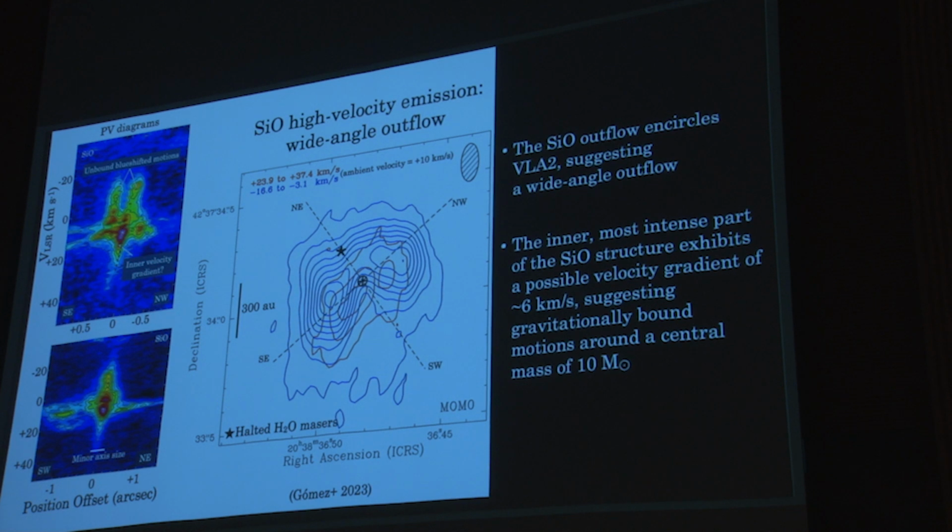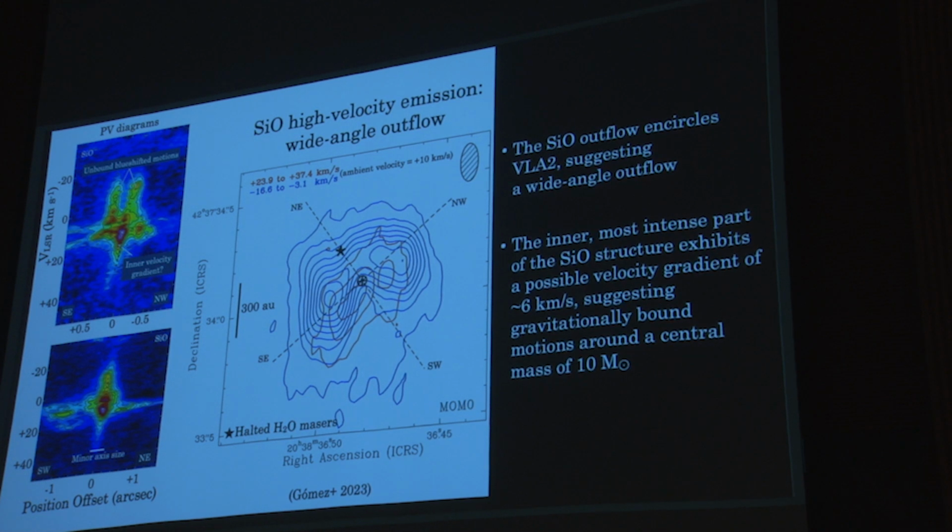Making integrated maps in the red band and the blue band, in blue are the blueshifted high velocity emission and in red the redshifted, and you see that the high velocity components are surrounding BLA2. It's not centered. So this means that they are tracing a wide angle outflow around BLA2.